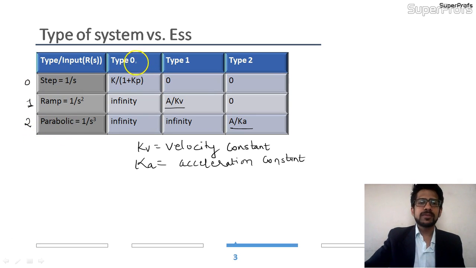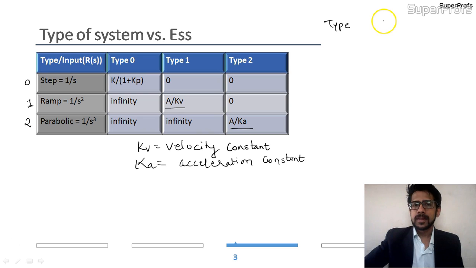When the type of the system and the type of input are of the same value, then you get a finite value for steady state error. Understood? So basically, you compare the system type to the input type. If both are equal, you get finite steady state error.